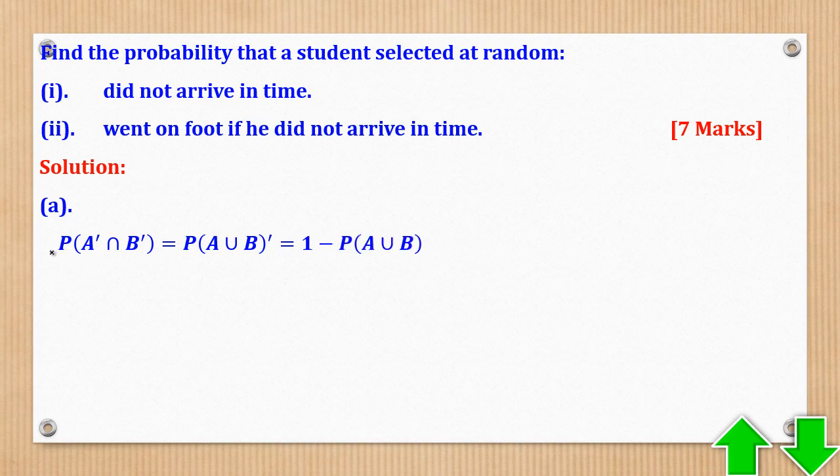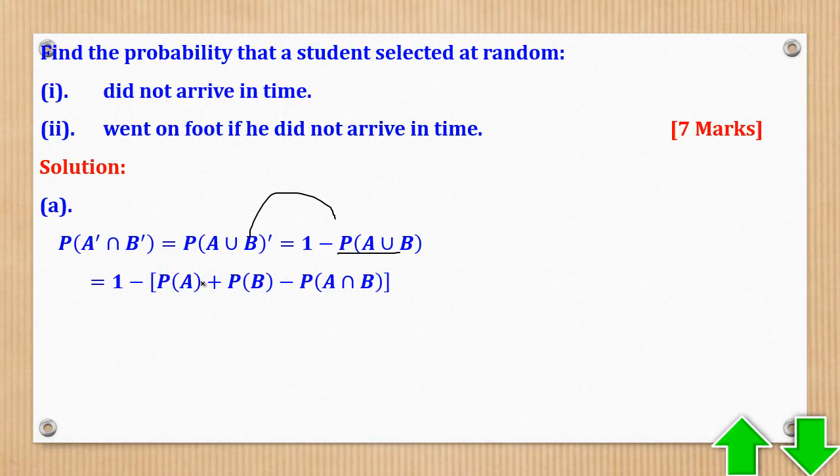We know that A complement intersection B complement is the same as the complement of A union B. When you pull this complement outside, even this sign changes to that. And this is the same as 1 minus probability of A union B. Then you can expand this to give you this.